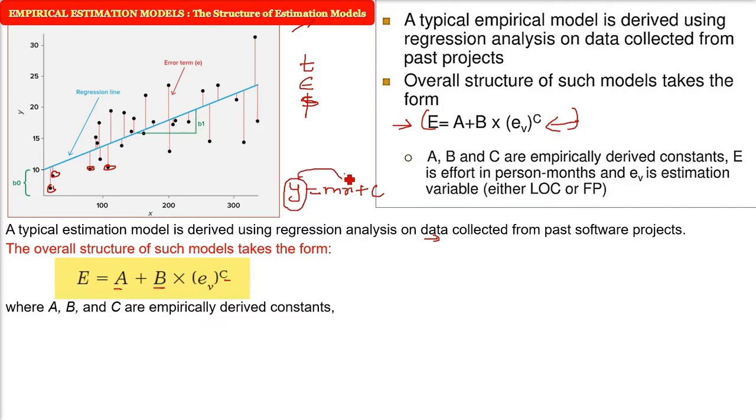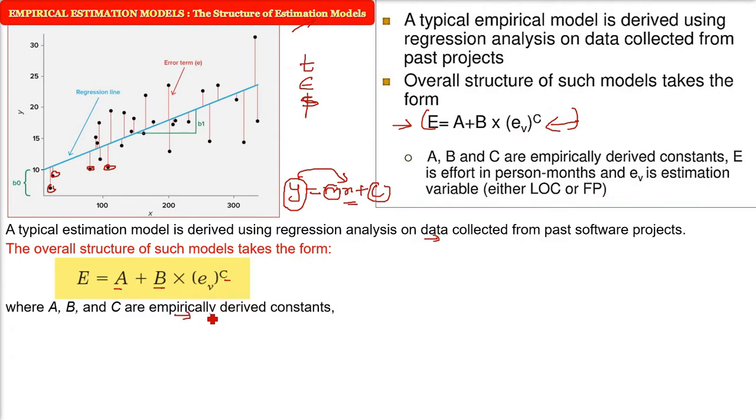Now y is dependent on x. X is the size here that we are talking about. M and C are constants. So just try to make an analogy between this line and this expression of the estimate model. So here A, B, C are empirically derived.